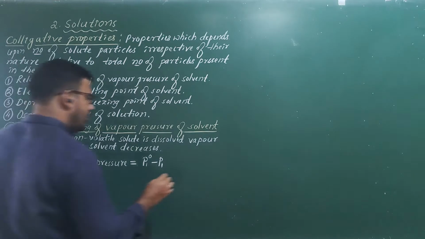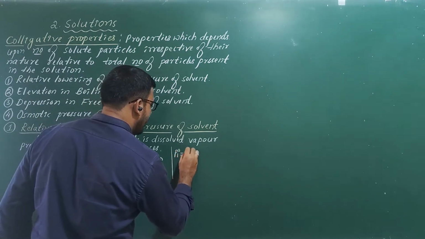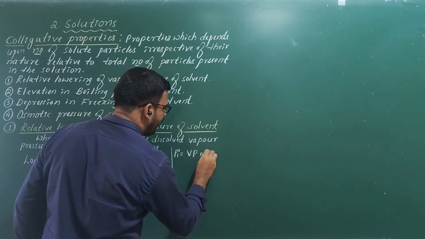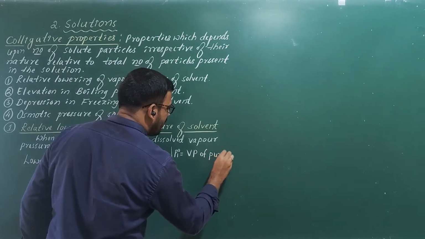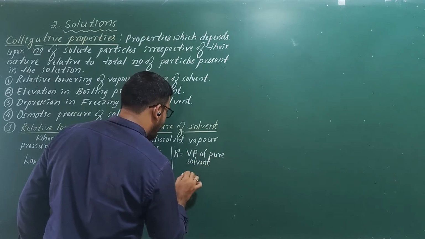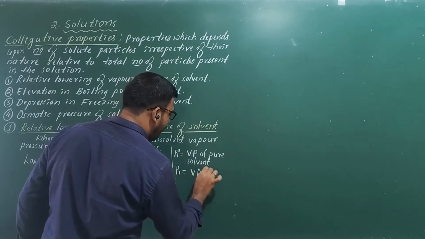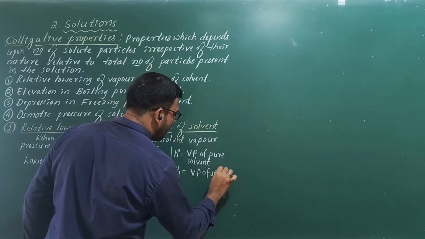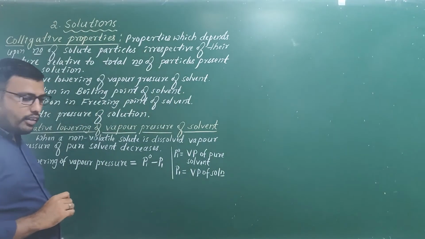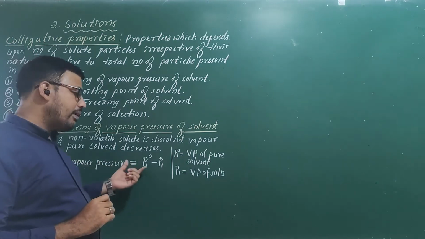So here P1 naught is vapor pressure of pure solvent, and P1 is vapor pressure of solution. Okay, so this is about lowering of vapor pressure.